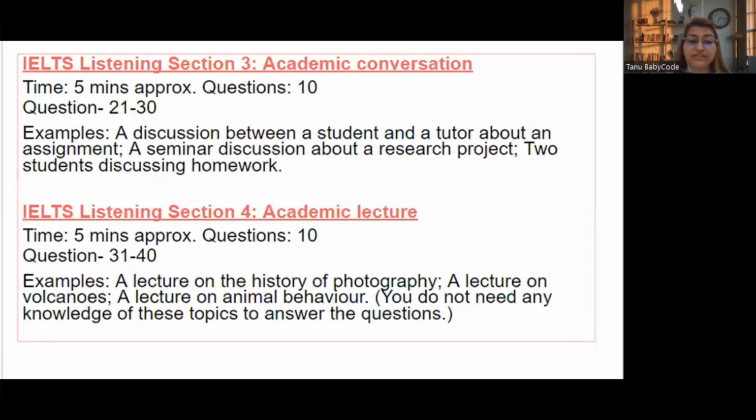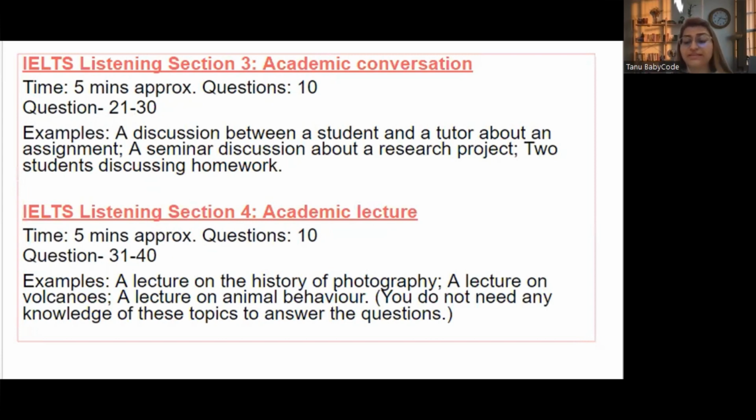Section number 3 is an academic conversation. So the questions you will get are 21 to 30. And the topics could be a discussion between a student and a tutor about an assignment, a seminar discussion about a research project, or 2 students discussing homework. So it will be related to training, educational ones.